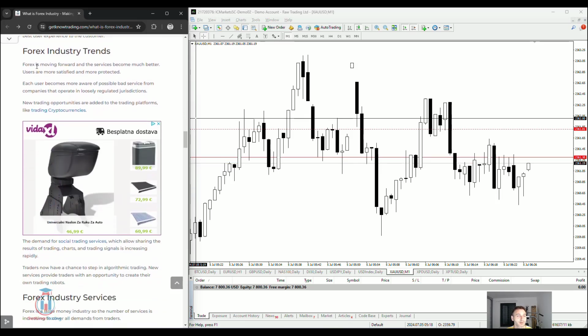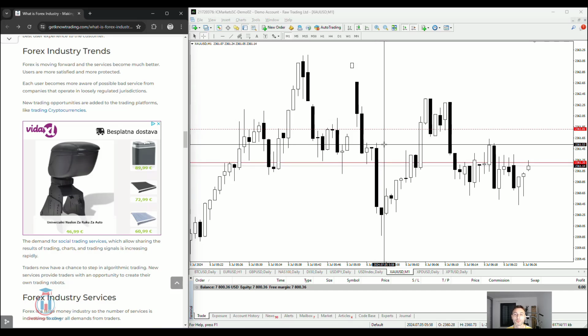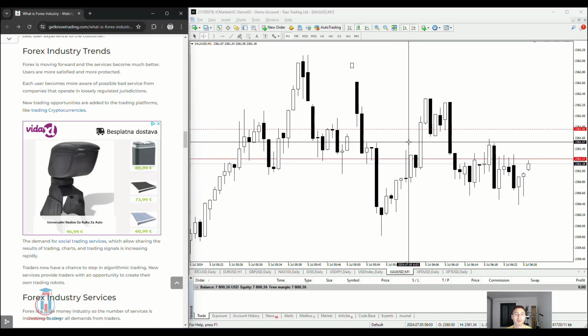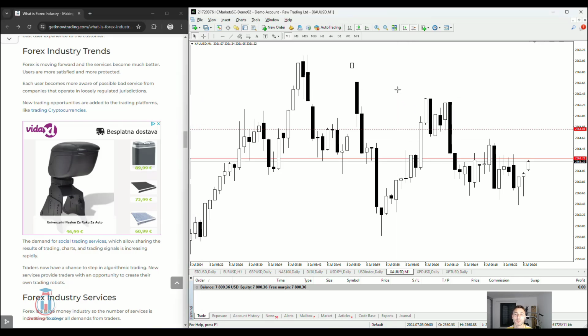Now the trends. Forex is moving forward and the services become much better. Users are more satisfied and more protected. One of the best industry trends is the increasing number of tools you can use, and also the protection they can give you. The worst thing is when you start trading on the Forex market and make money, but you cannot withdraw it because of some limitations, or there is no bank card allowed for depositing and withdrawing, or bank transfers are very slow.